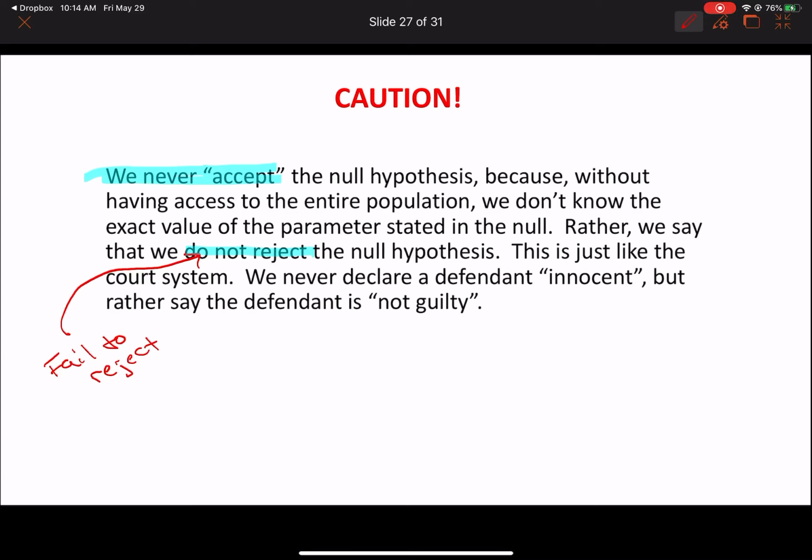We fail to reject the null hypothesis, but we never accept it. It's just like the court system. We don't ever say somebody's innocent. We just say they're not guilty, because you can't prove innocence as much as you can just say they're not guilty. I guess you can prove innocence if, never mind, let's not even go there.